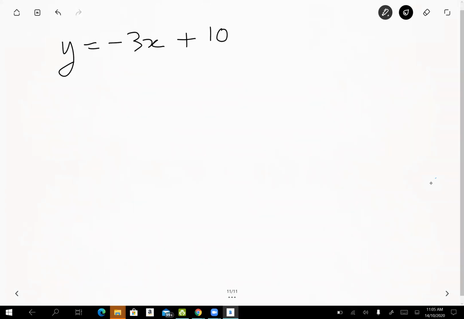I want you to draw the linear function. Draw it now. I think you should use the second method: find the x-intercept, find the y-intercept, draw the graph, and it will be faster. Okay, do it now.